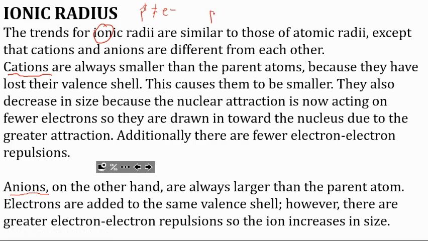Cations are where you have more positives than you have negatives. So because of that, your protons are able to pull that in. The thing's going to get smaller as you move across. So your first one might look like this.